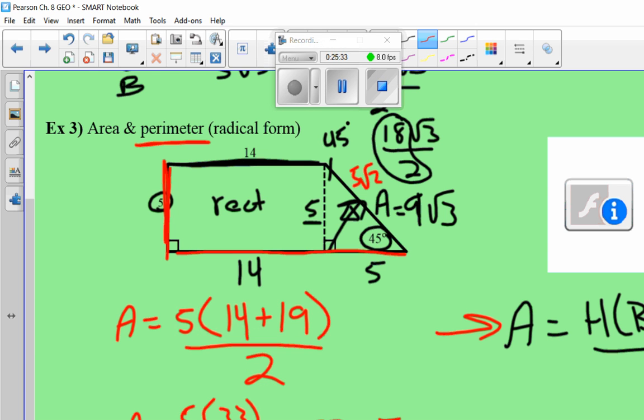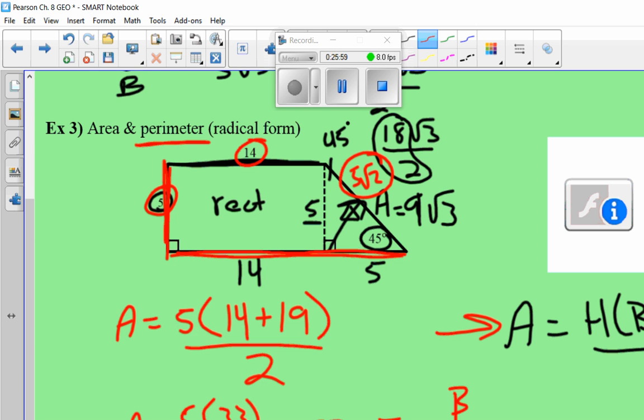Now, the issue is that I have a radical like that, but I don't have any other radicals. So I'm just going to add up the other sides that I have, and then plus 5 square root of 2. So 14 and 5 is 19, and this was 19, so 19 plus 19 is 38.